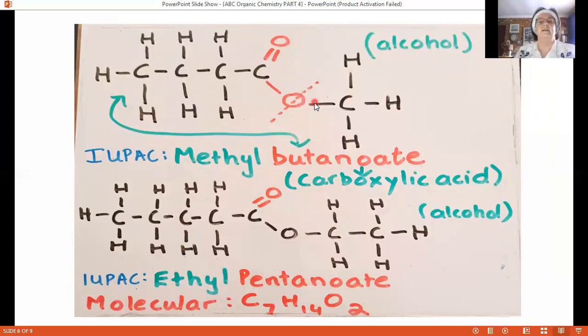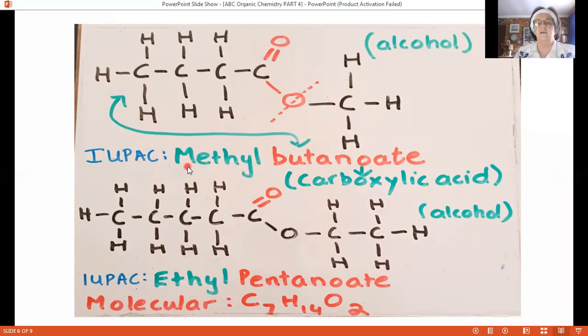Right, let's look at the next example. So the next example shows your carboxylic side again on your left-hand side with your double bond oxygen here. And now we've got 4 carbons, so it's but. Your alcohol only has 1 carbon, so it's meth.